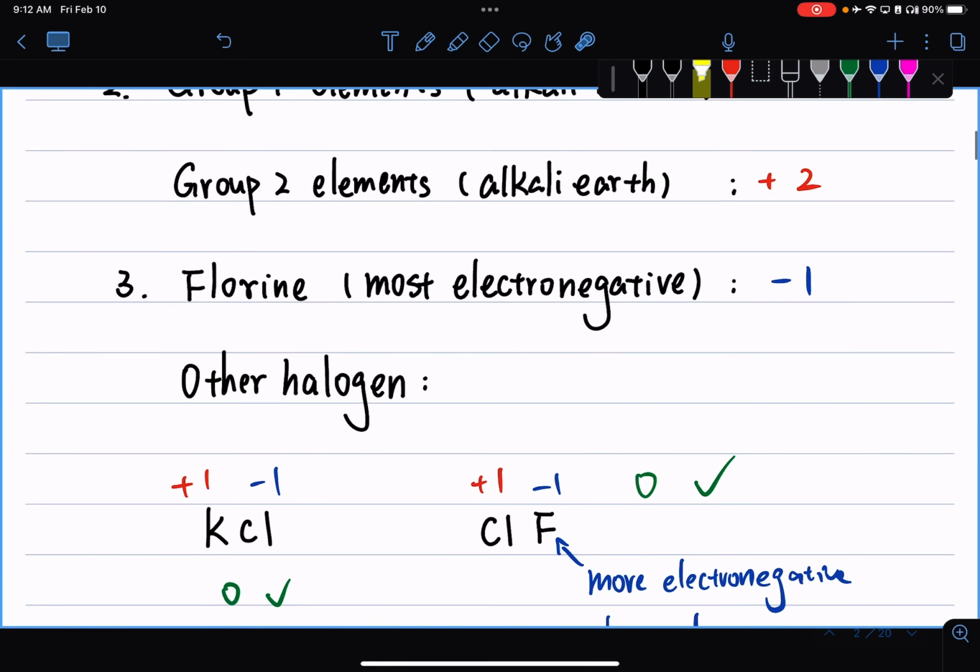And then for the halogens, the more electronegative it is, the more likely it is gaining an electron. So the most electronegative atom, fluorine, always gains 1 electron, which means it's always going to be -1. Other halogens will typically have -1 oxidation number unless they are binding to a more electronegative atom.